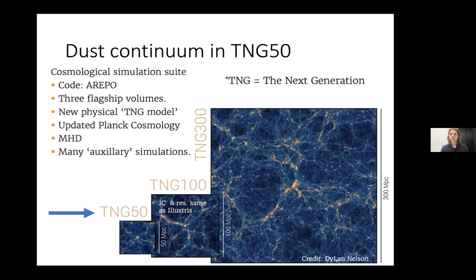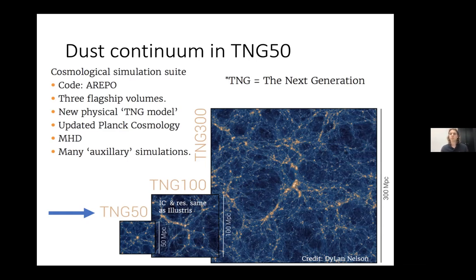So what you have is a box of 50 comoving megaparsec on the side with a mass resolution similar to zoom-in simulations. What this means is that you have the mass resolution to start to look at the resolved structure of galaxies, but within a cosmological volume, so for a large number of galaxies.